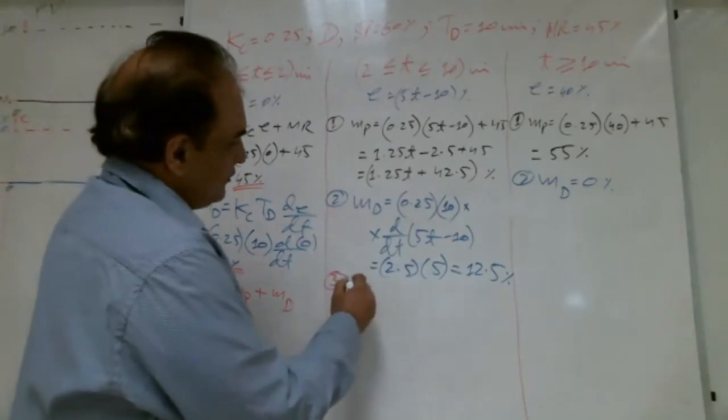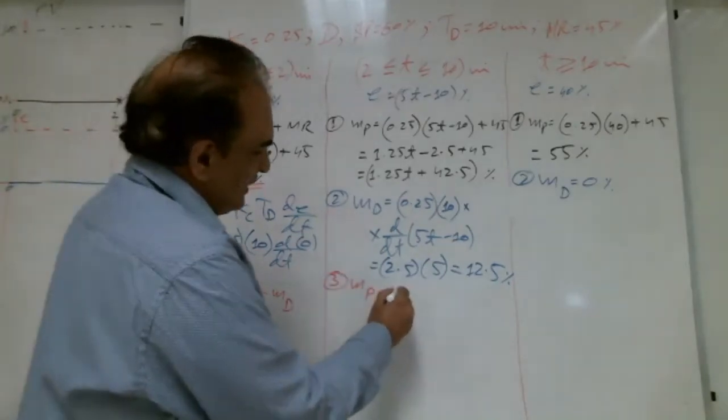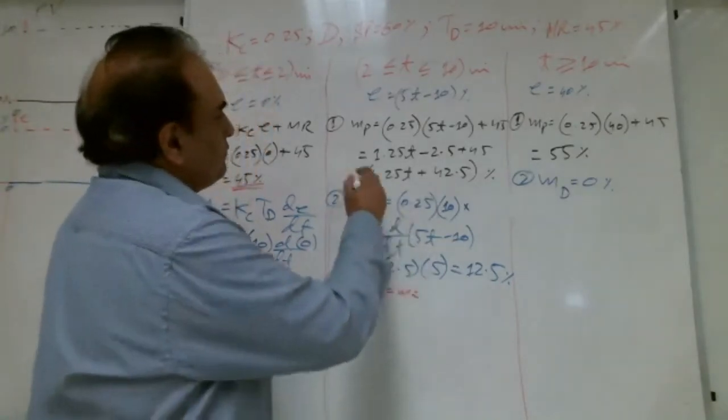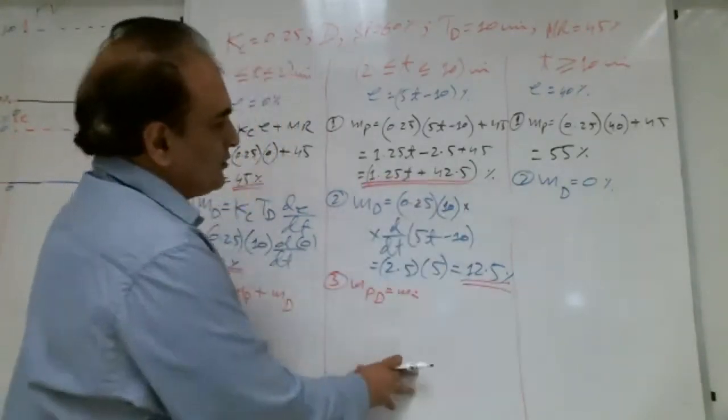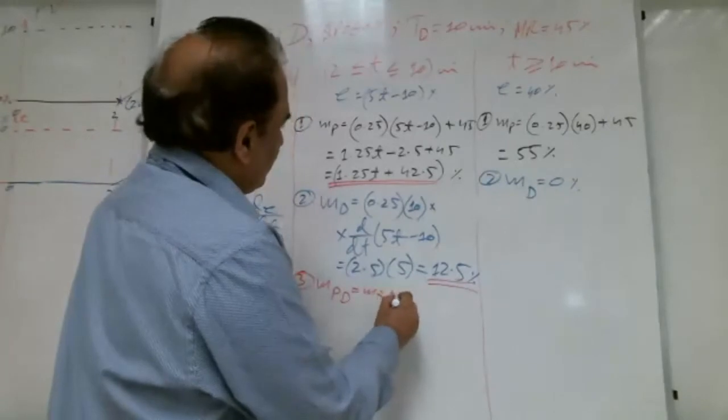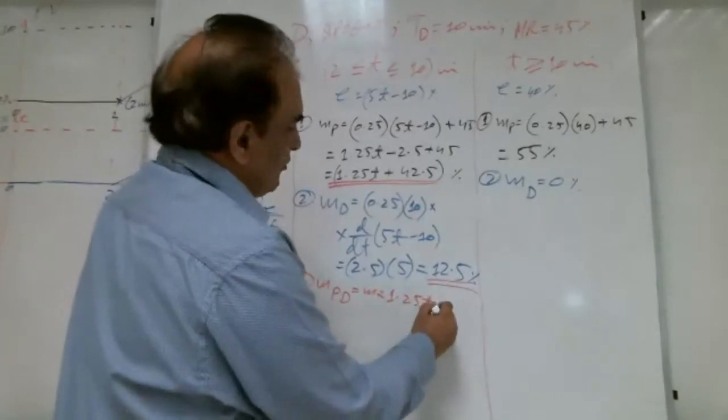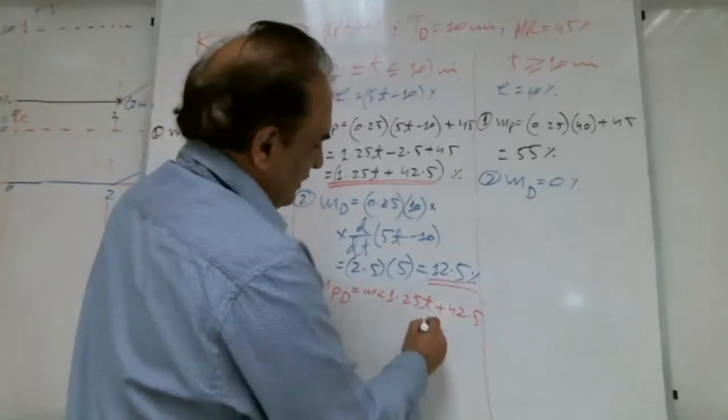Step 3 here. MPD. We say M. How much MP? MD. So how much about 1.25T plus 42.5 plus 12.5.